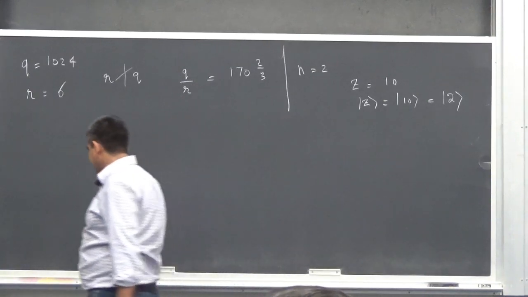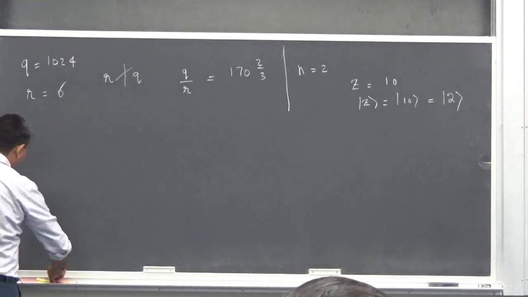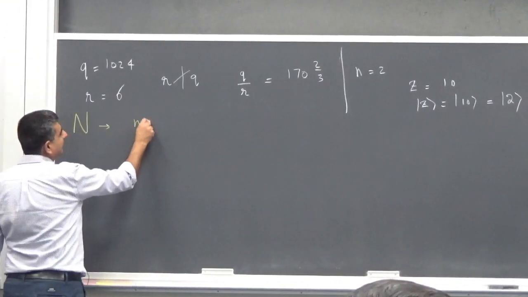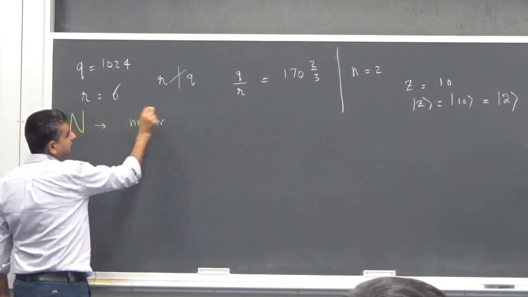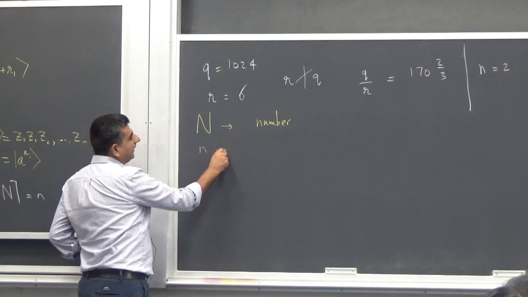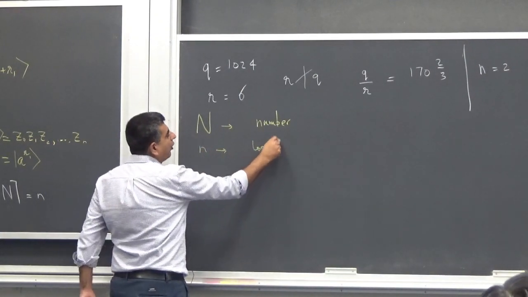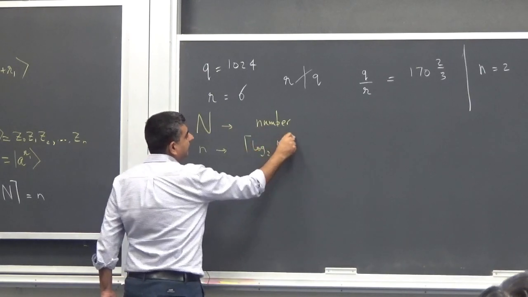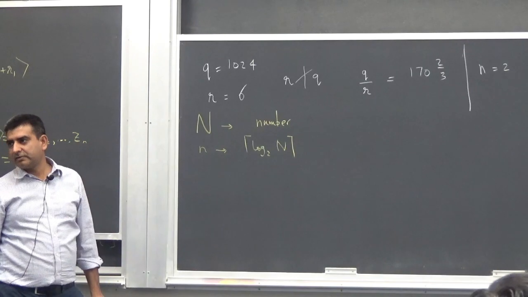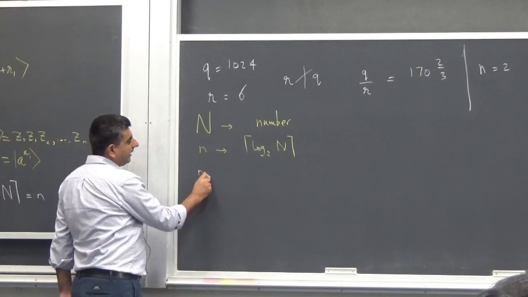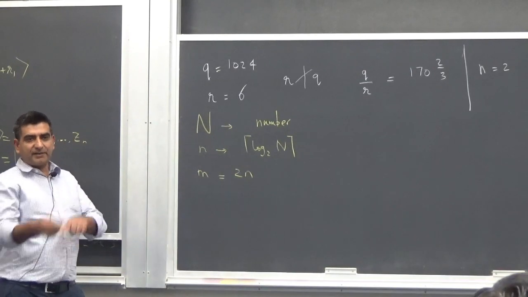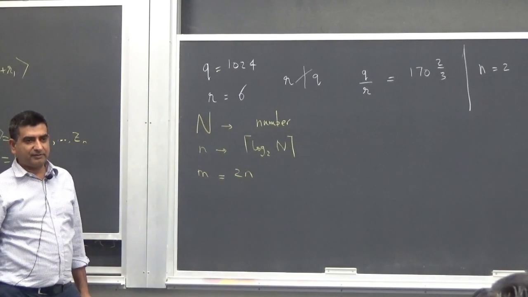So let's focus on the notation a little bit. N is a natural number we wish to find the factors of. Small n is the ceiling of log of capital N. It's the number of qubits in the second register. M is the number of qubits in the first register. It's twice the number of qubits in the second register.